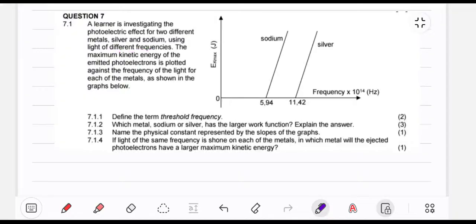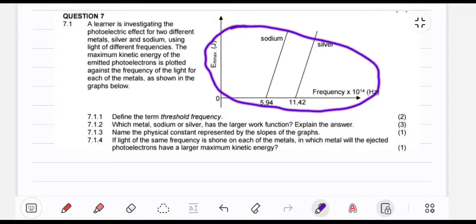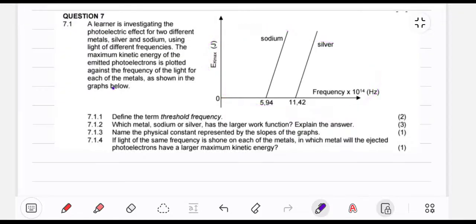The maximum kinetic energy of emitted photoelectrons is plotted against the frequency of the light for each of the metals, as shown in the diagrams below. So define the term threshold frequency.